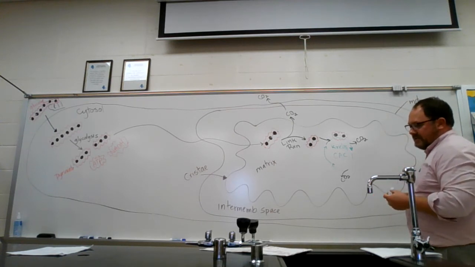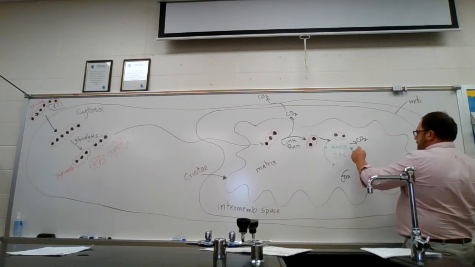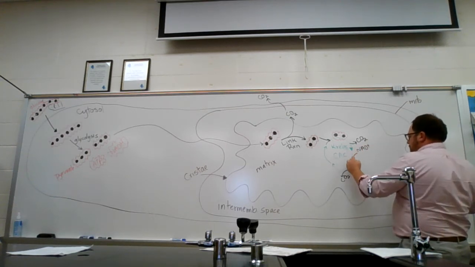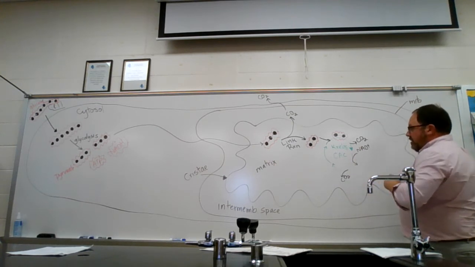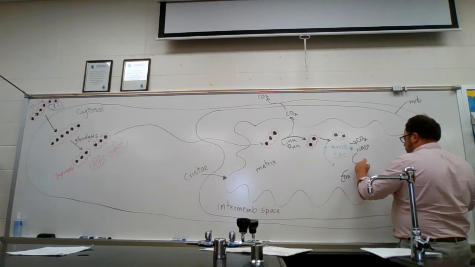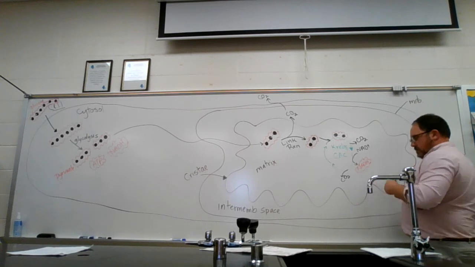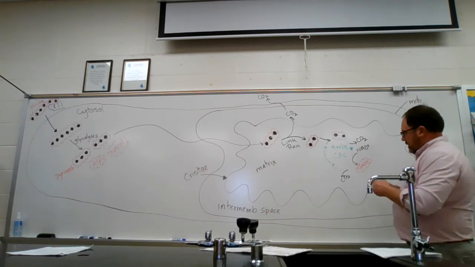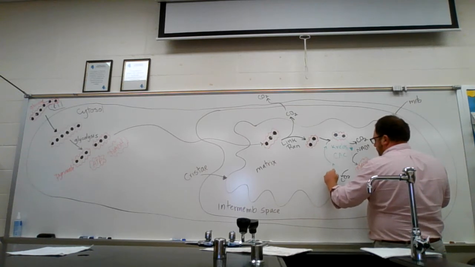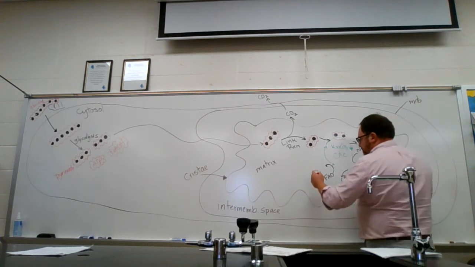Also in this process, you strip away some protons and electrons. So those electron carriers like NAD+ will get used to generate NADH. And FAD, another electron carrier, becomes FADH2.